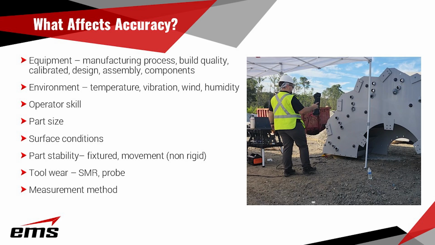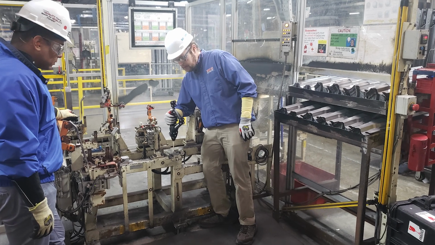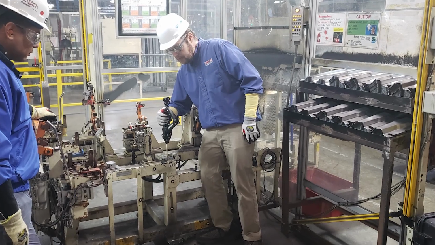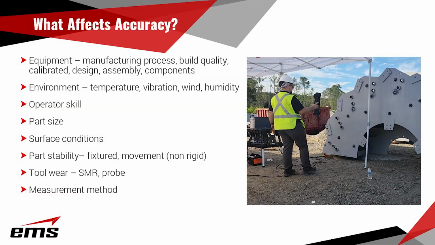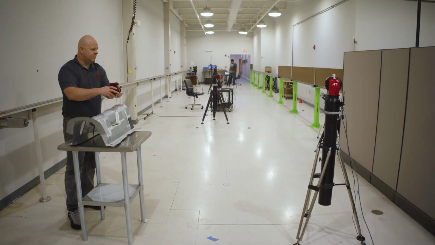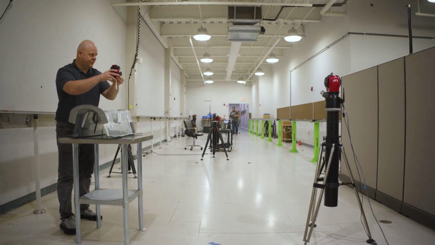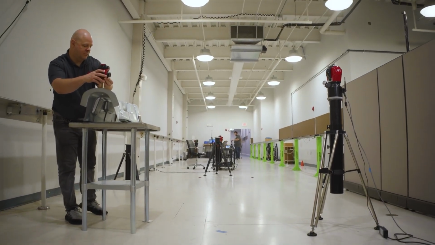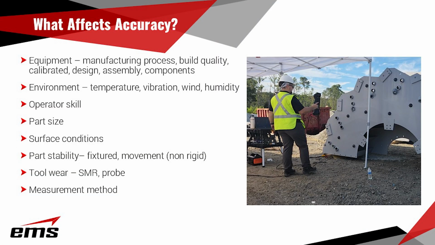Another thing is tool wear. Now, this typically is going to be for a laser tracker or some kind of probing system, like an articulated arm or an optical probing system. If your probe or your SMR, if that tip is worn down or uneven or not round anymore, those things wear. So you would get improper measurements. And then lastly, just the measurement method.